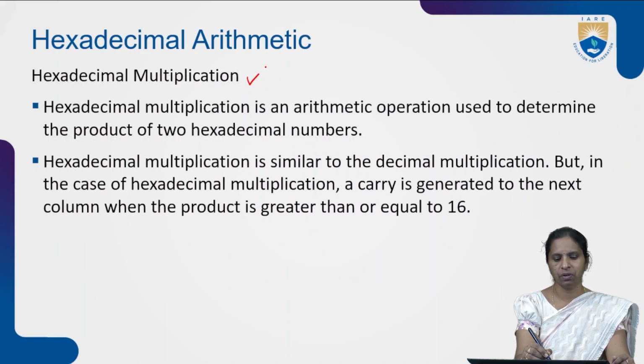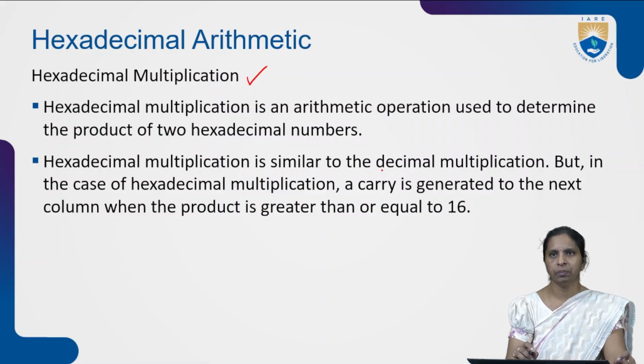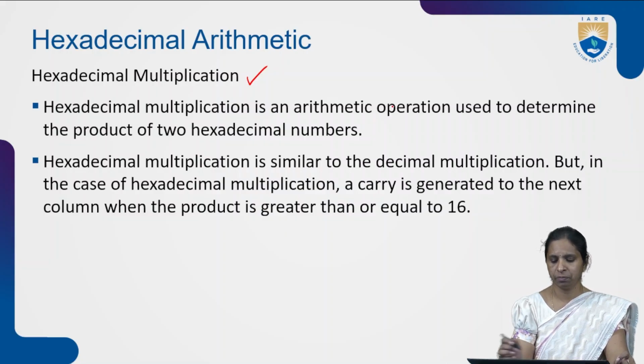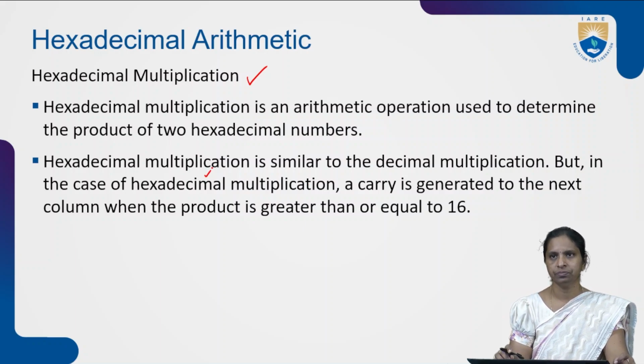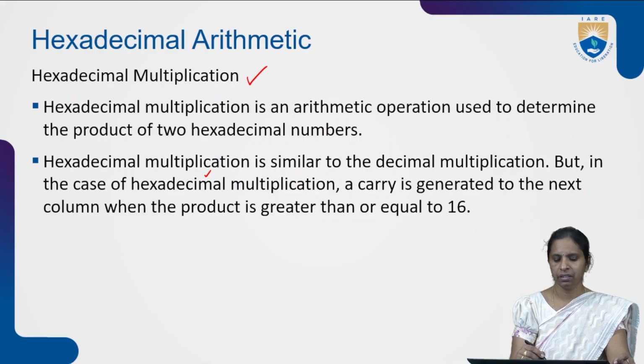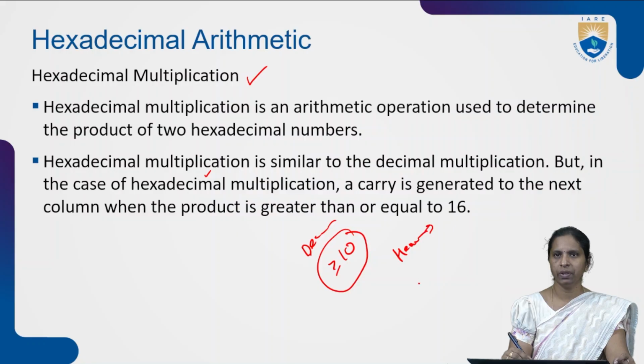Next operation you are taking as what? Multiplication. So how do you perform the multiplication in the decimal number system? In the same way, you have to perform the multiplication operation in the hexadecimal numbers also. When you get the carry in the decimal number system, it is when the product is greater than or equals to 10. Whereas in the hexadecimal number system, you get the carry when the product is greater than or equals to 16.